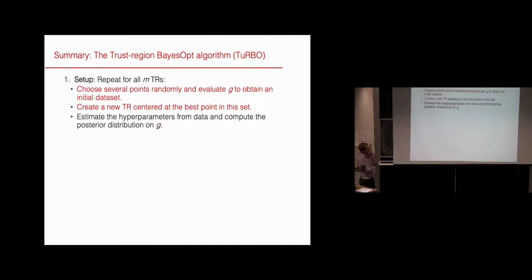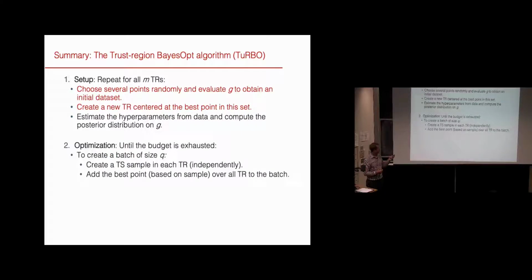So summing up the TuRBO algorithm, we have the setup phase. Contrast this with the standard BO algorithm I showed earlier. In the beginning, we set up our model by randomly creating points, picking the best as a center for our trust region, fitting the GP model as before, and then we step in our optimization phase. And then to create a batch of size Q, we create a Thompson sampling in each trust region, but we only keep the best out of these M points and add it to the batch.